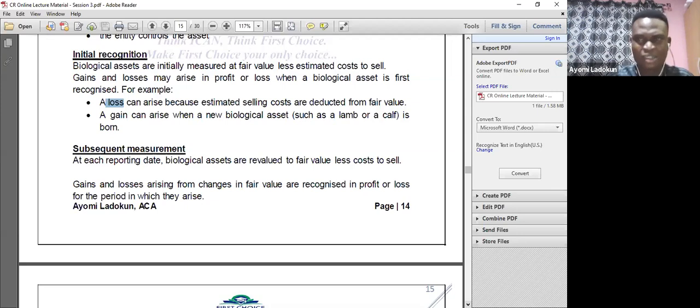You don't struggle, right? At the same time, gains and losses can also arise from changes in the fair value, so you also recognize them in the profit or loss account. So both initial recognition and subsequent measurement are the same.